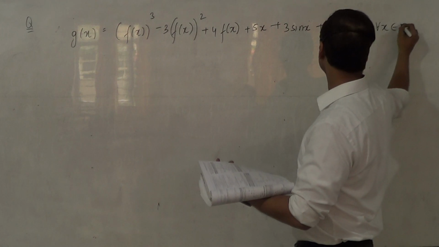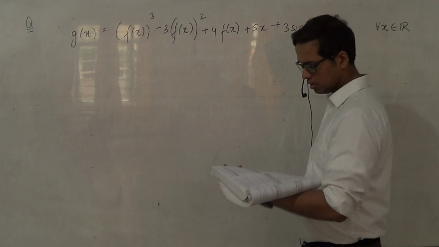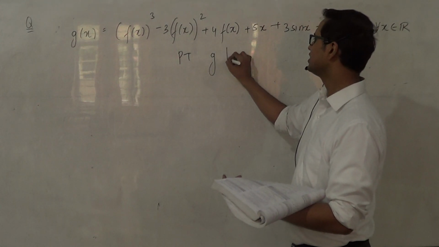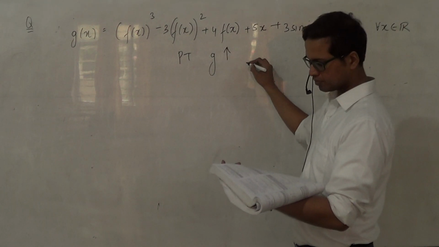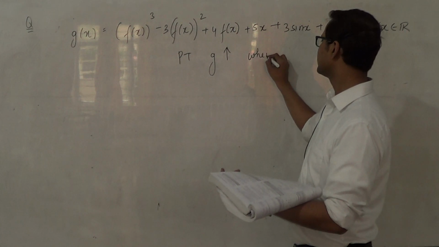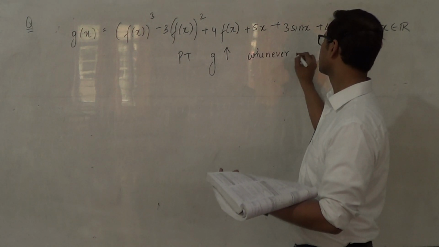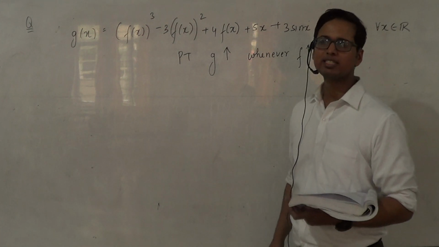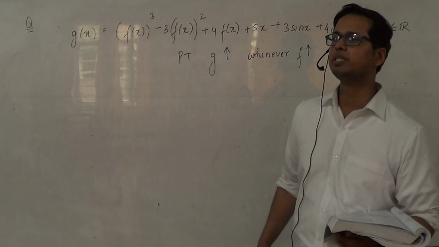Its domain is all real numbers. Prove that g of x is increasing whenever f is increasing. So only if f of x is an increasing function, g of x will also be an increasing function.